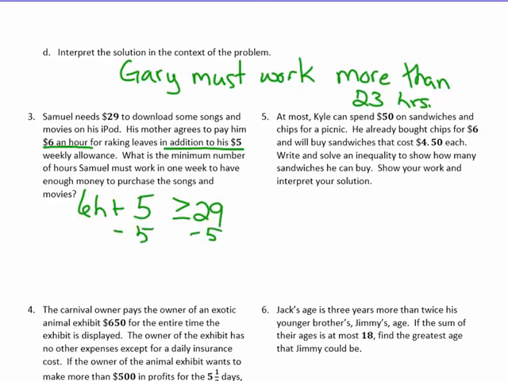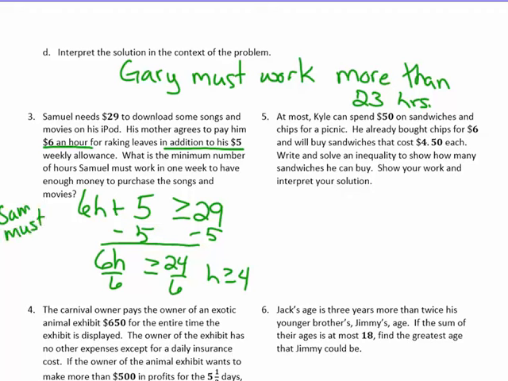Subtract 5 from both sides. So 6H greater than or equal to 24, divide by 6. So he has to work at least 4 hours. So Samuel must work at least 4 hours, because we want to make sure that we're answering the question.